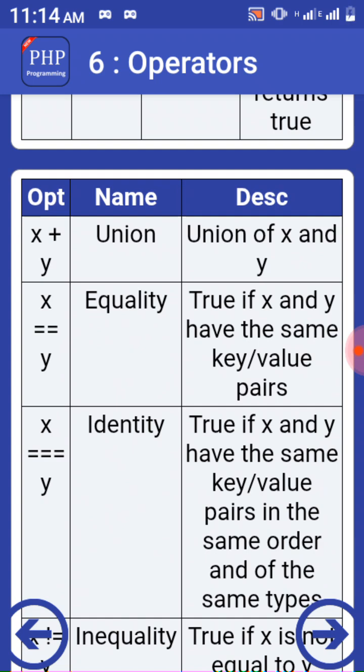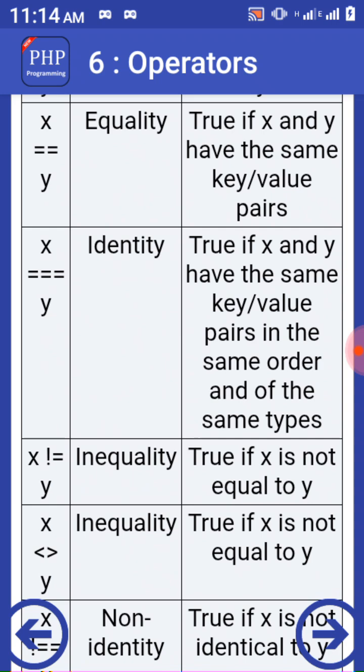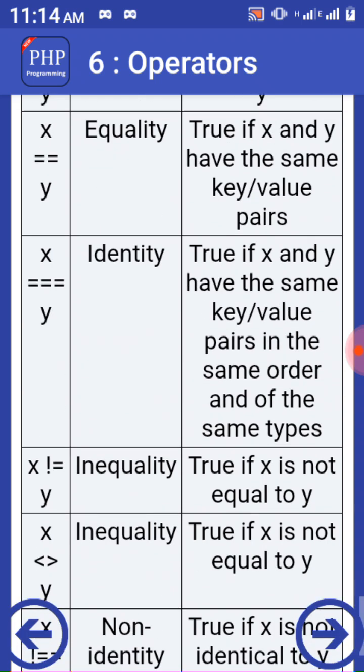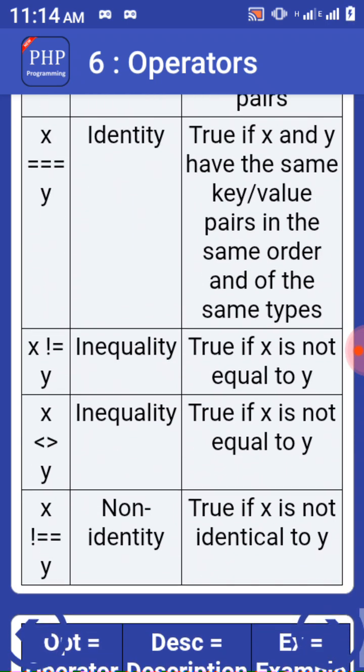X equals Y is true if X and Y have the same value or the same key-value pairs. Identity: true if X and Y have the same key-value pairs in the same order and of the same types. X is identical to Y, and X is not identical to Y. This is identity.